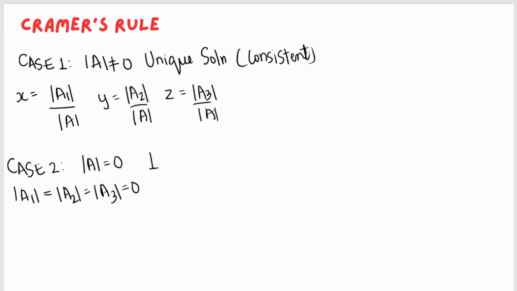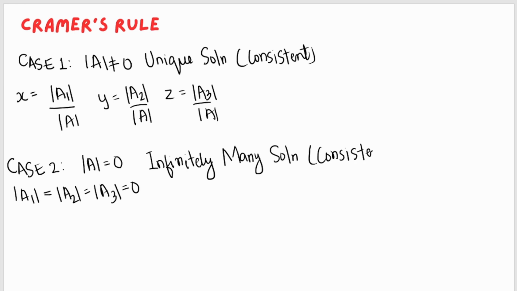In this case, it is infinitely many solutions. And it will be consistent. Consistent means it will have a solution. Infinitely many solutions means it will have many solutions. Unique solution means it will have only one solution.